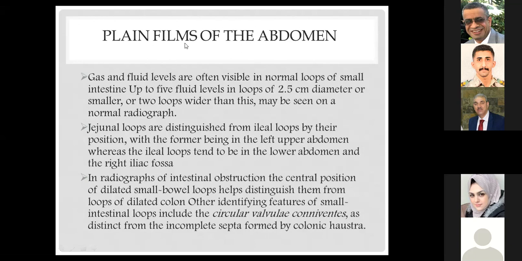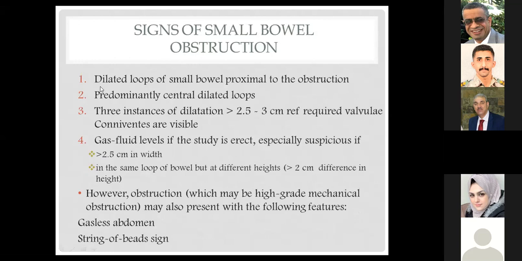Here we have signs of a small bowel obstruction. First, we have dilated loops of the small bowel proximal to the obstruction. Second, we have predominantly centrally located dilated loops, with dilatation of more than 2.5 to 3 centimeters. Third, valvulae conniventes are visible.